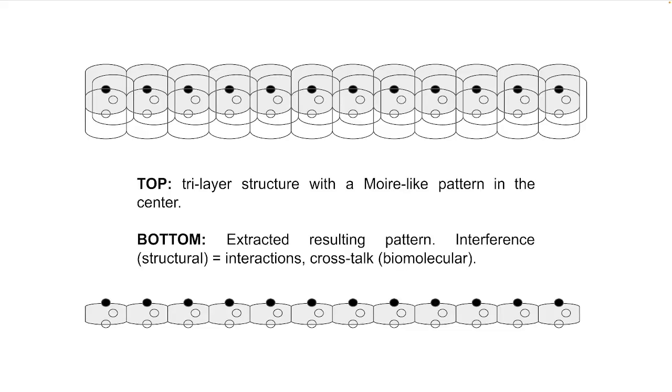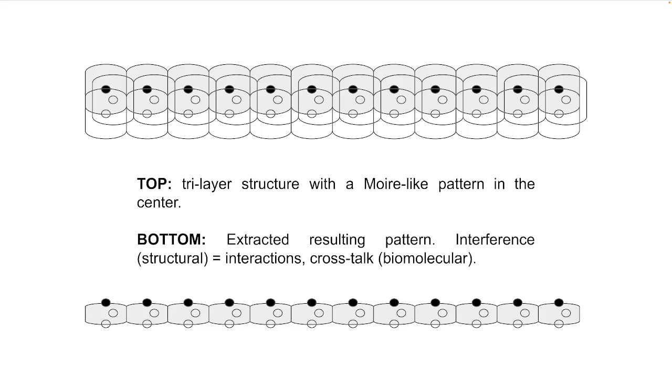So back to our cell sheet, where we have this sort of tri-layered structure with a Moire-like pattern in the center. You can see that we have actually here 3 layers of cells, 2 that are aligned in the same direction and 1 that's offset by half a phase. Those interact, and you can see how they overlap.